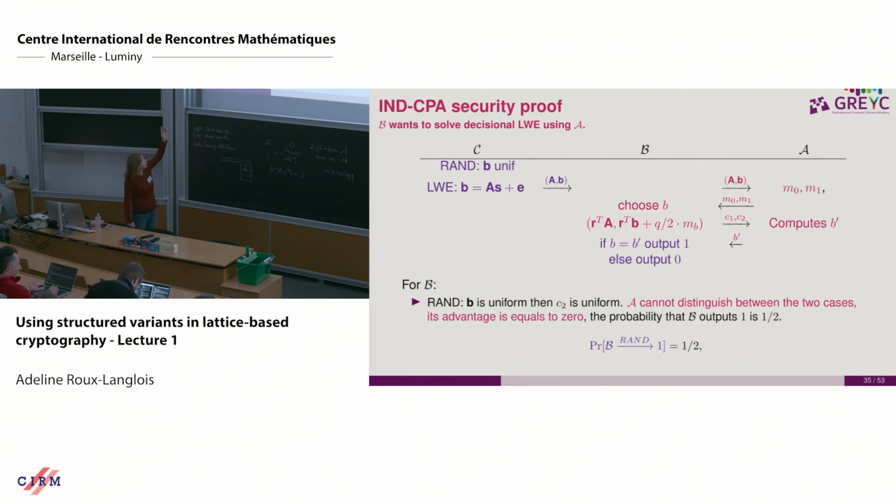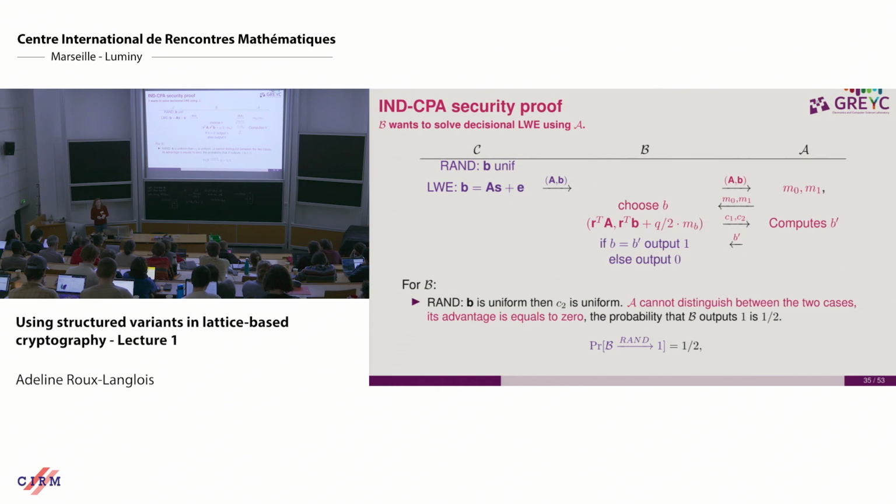So in the random case, when B sends C1, C2 to A, A thinks it's a valid ciphertext, but it's not. And as it's not, A cannot distinguish between the two cases. So A has no advantage in this game if we are in the random case. So the probability that B outputs 1 is exactly 1/2, because A cannot have any advantage in deciding in which case we are. That's the first case.